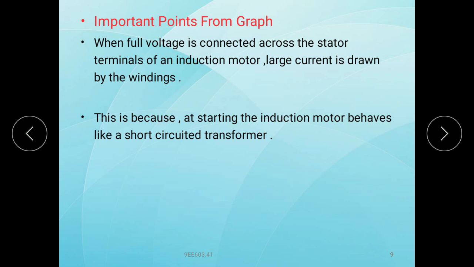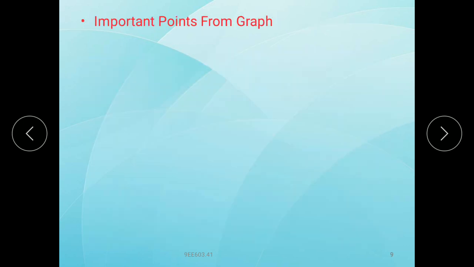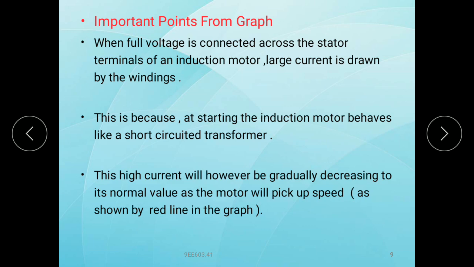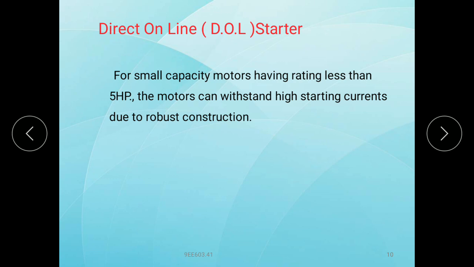See here, this is the current, how it is reducing. For small capacity motors having rating less than 5 HP, the motors can withstand high starting currents due to robust construction.